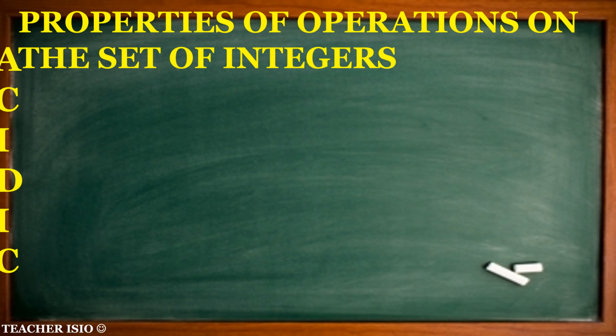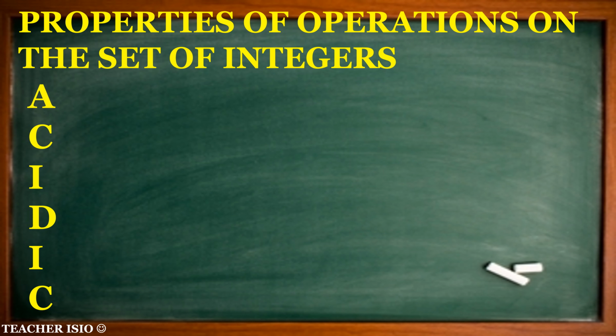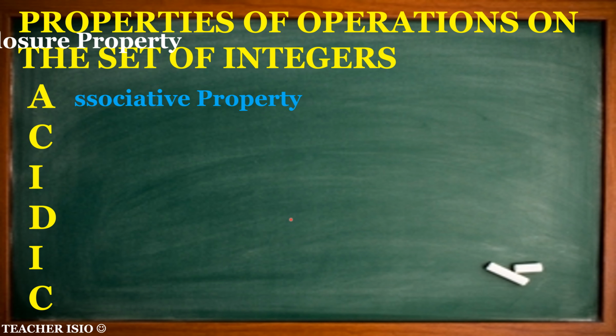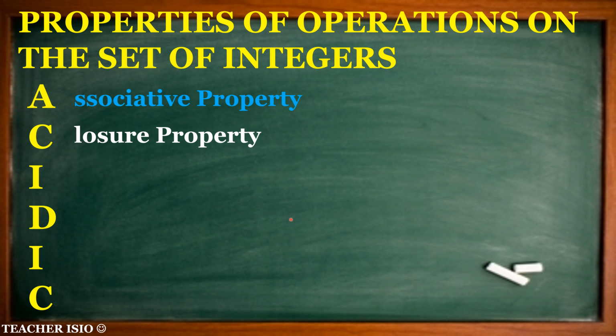So now let's have recall. So we have ACIDIC under of properties of operation on the set of integers. Again, A stands for associative property. Next, let's have C. C stands for closure property.